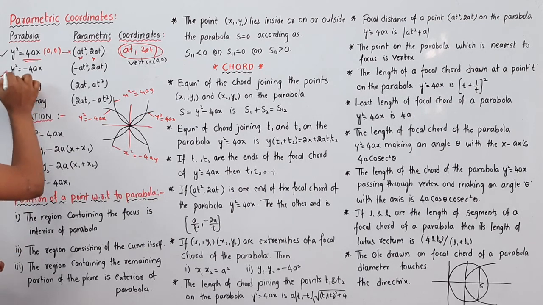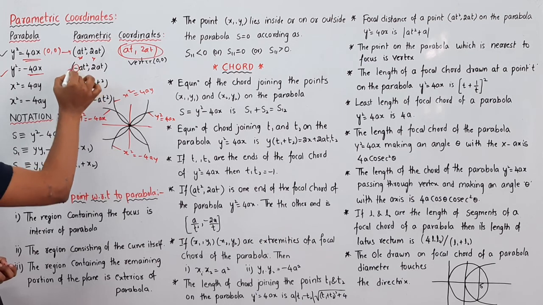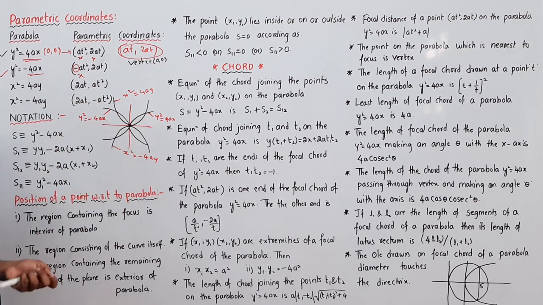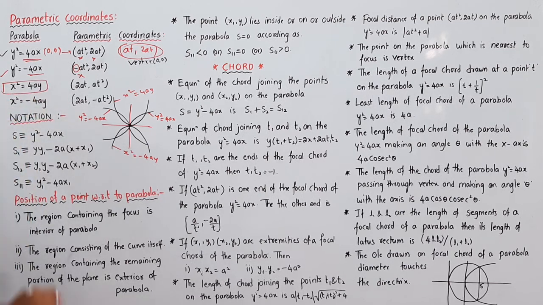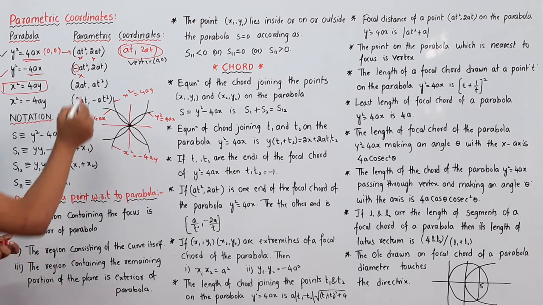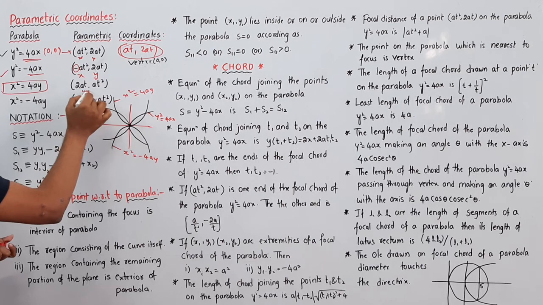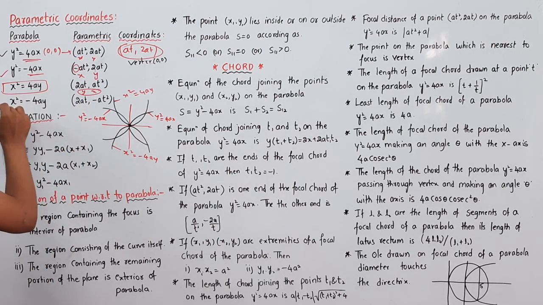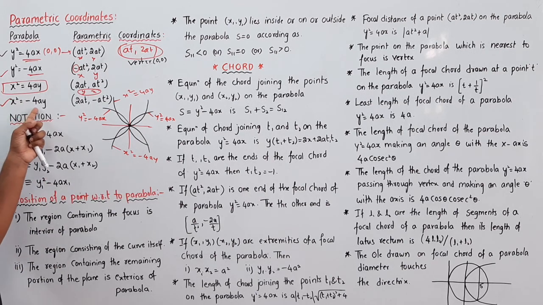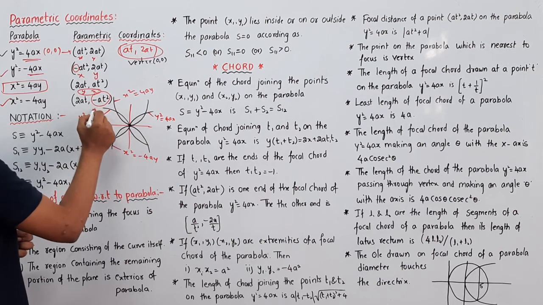If y square is equal to minus 4ax, then for the parametric coordinate only the negative sign will indicate for the x coordinate. If the parabola is x square is equal to 4ay, the parametric coordinate will interchange x and y, so it becomes 2at comma at square. Similarly for x square is equal to minus 4ay, the x coordinate will change to the negative side.